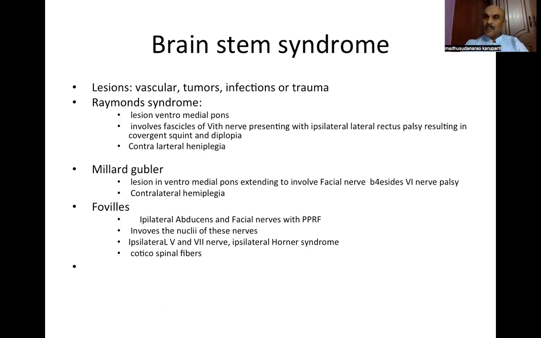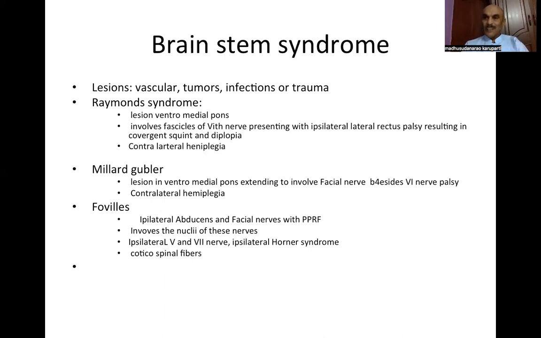Next, Millard-Gubler syndrome. The lesion is in the ventromedial pons, a little more extensive. It involves the fibers of the abducens nerve.